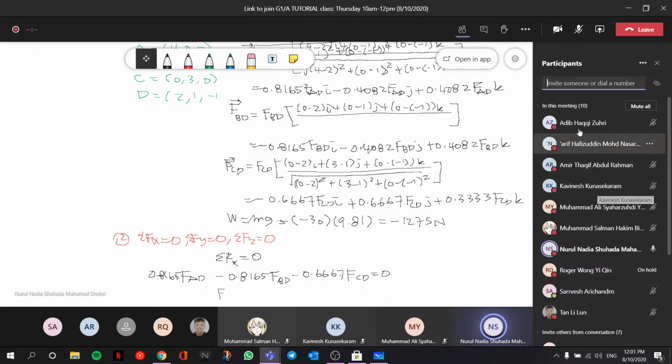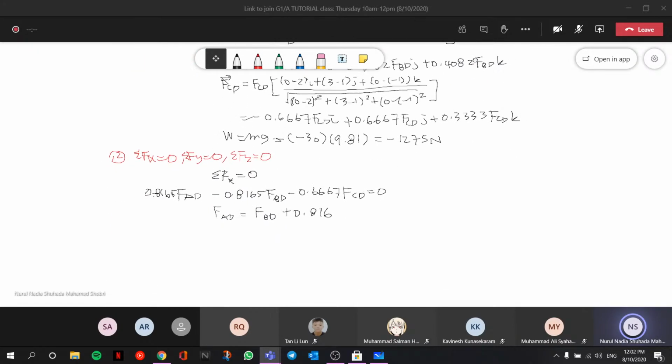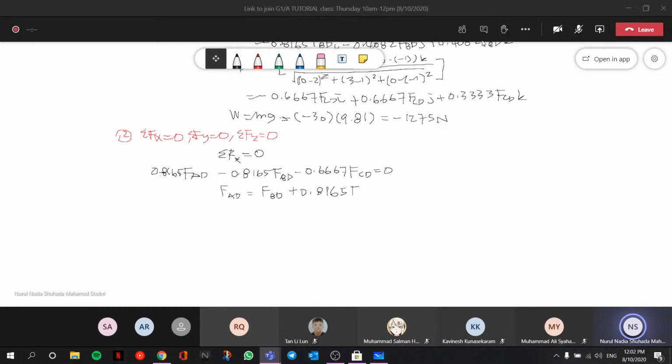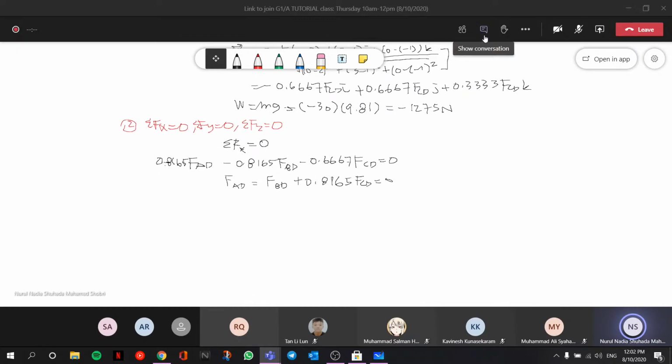So for the force in the x-axis, when you sum them up and then we simplify the equations. So this is equation 1. Now we sum all the forces in the y-axis.